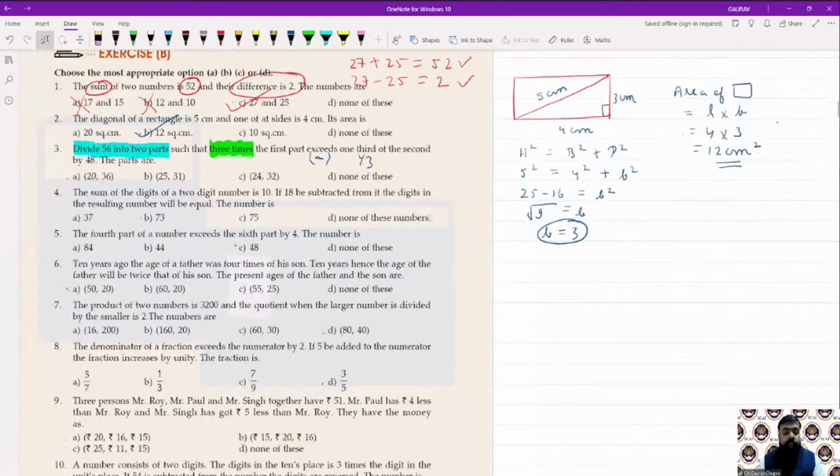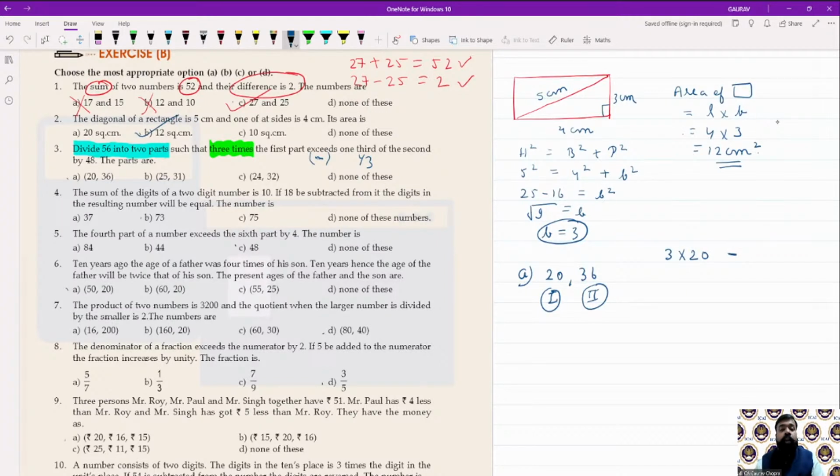So if we try using options, let's say the first option, 20 comma 36. So the first part is 20 and the second part is 36. So what we have to do? 3 times the first portion. So 3 multiplied by 20 exceeds one third of the second number.